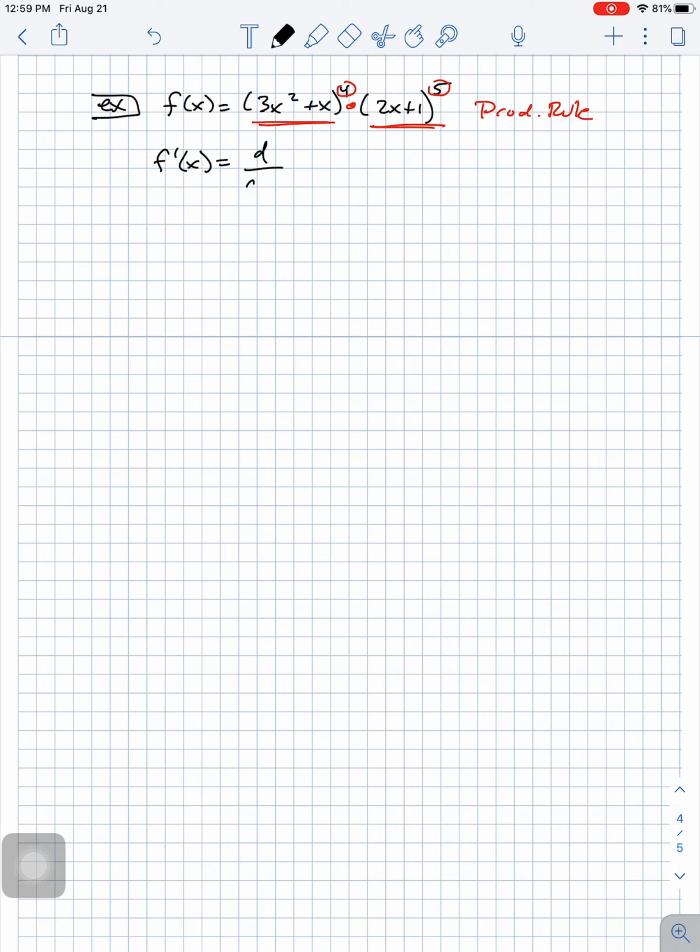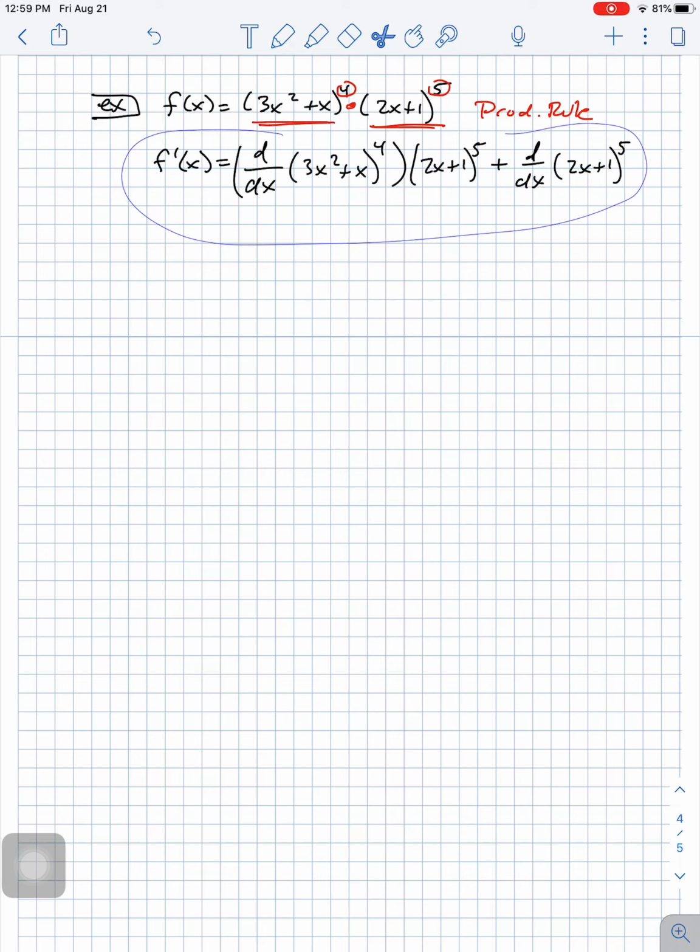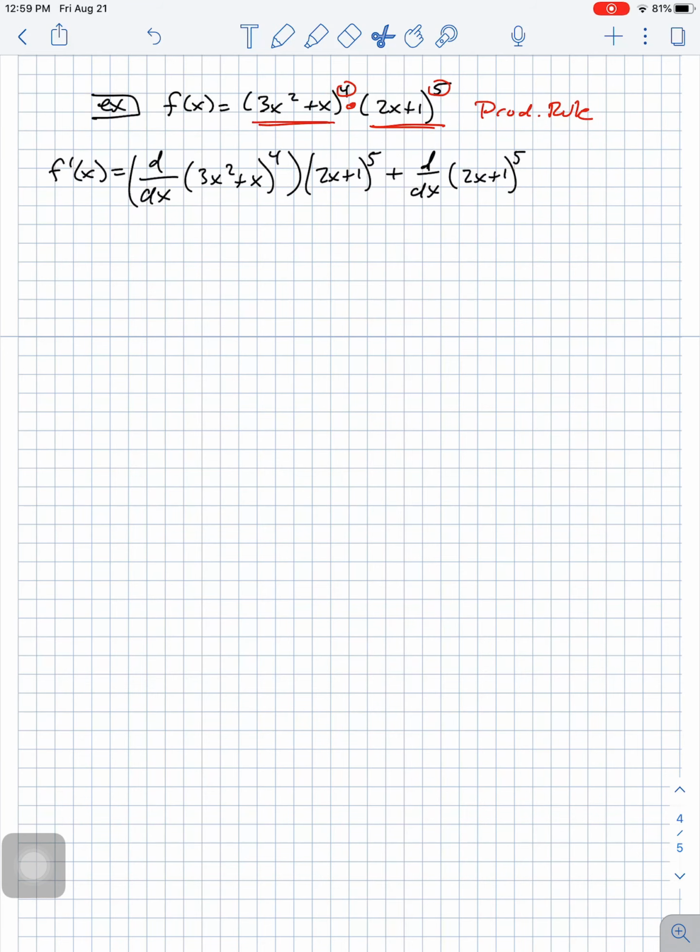The derivative of the first term times the second term plus the derivative of the second term times the first term.